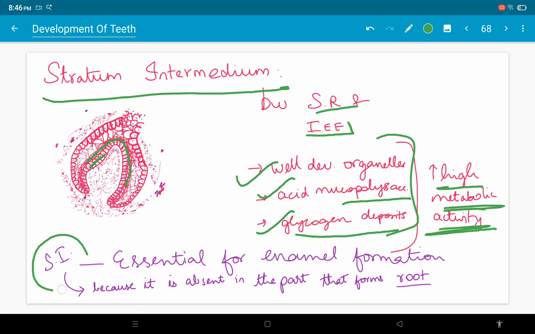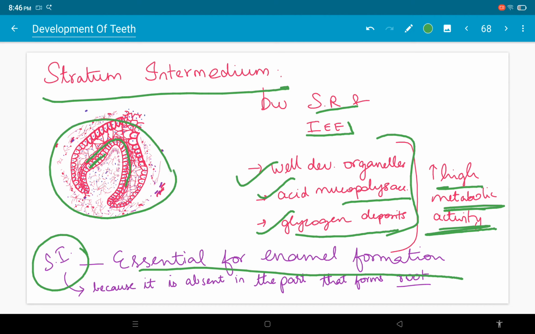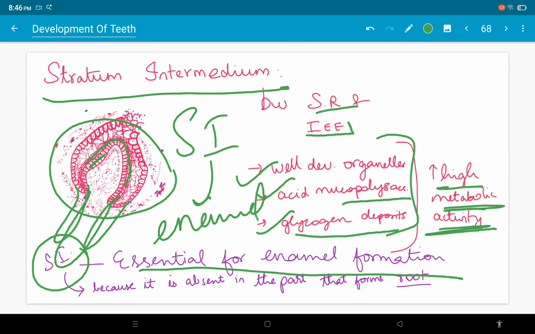The stratum intermedium is essential for enamel formation, because in the part of the tooth organ which forms the root, which we will read about later as Hertwig's epithelial root sheath, there is no stratum intermedium, whereas when enamel is forming, there is stratum intermedium. This proves it is essential for enamel formation. It is absent in the part of the enamel organ where the root forms.